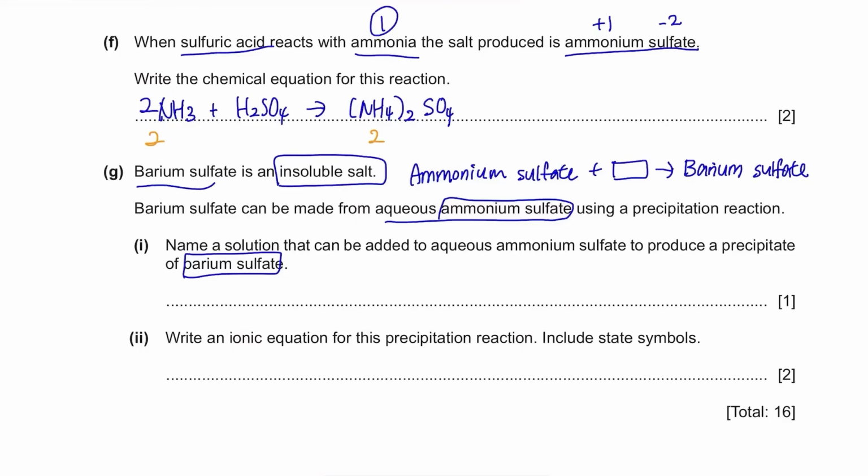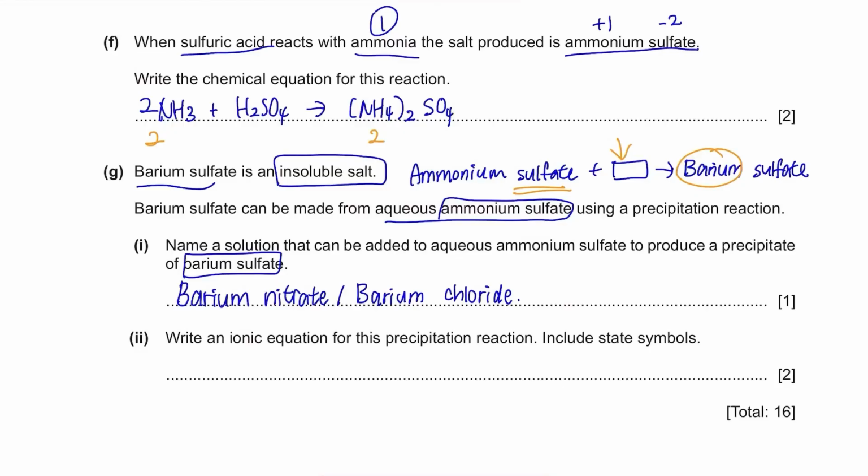Since we have barium here, obviously the cation of this unknown substance should be barium, and the anion should be more reactive than sulfate in order to displace it and take sulfate as its own anion. There are 2 compounds that are more reactive than sulfate and can still form a bond with barium. Those are barium nitrate and barium chloride. You have to write either one of these.